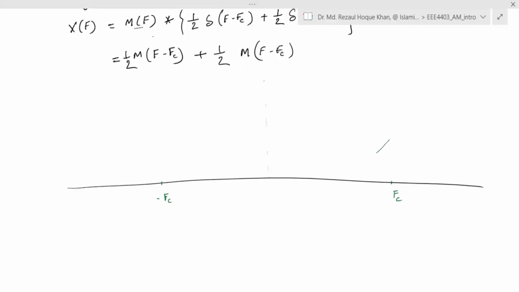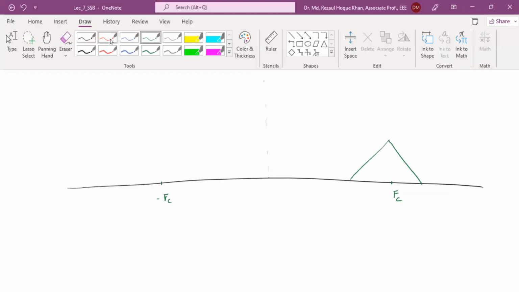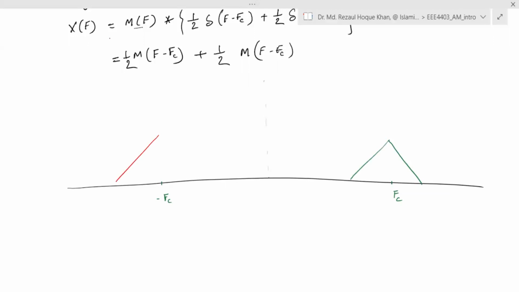It would look something like that. This will be f_c plus f_m, this is f_c minus f_m, this will be minus f_c plus f_m, and this will be minus f_c minus f_m.